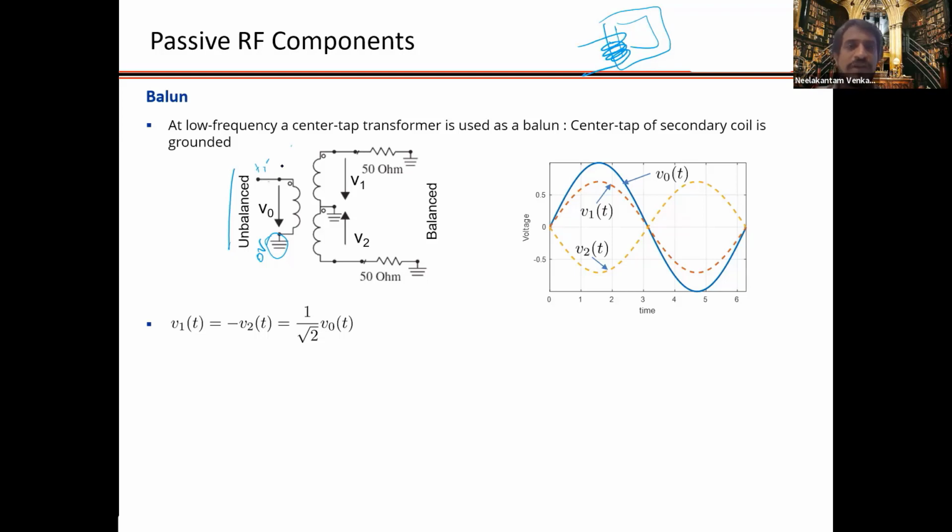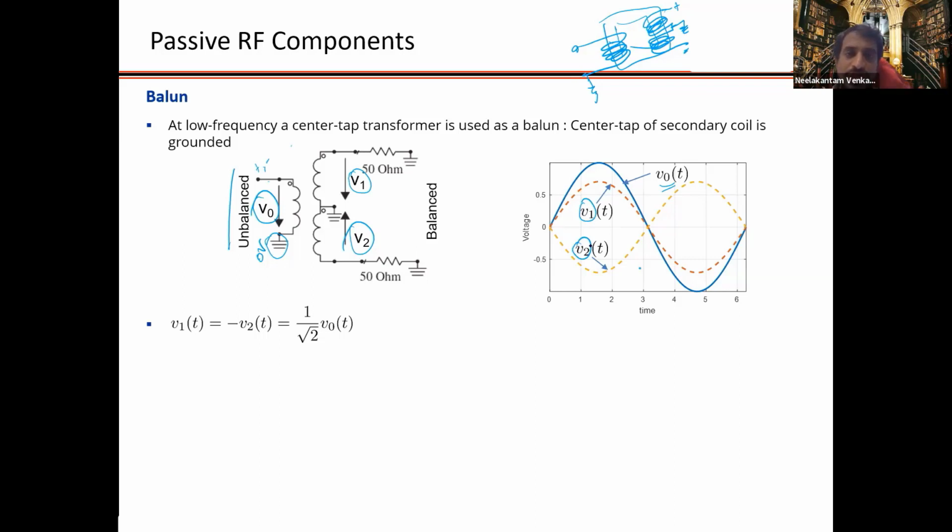So this guy could be the primary winding, which is grounded. This is plus. But on the secondary, you have a center tap where this guy is grounded, and here you have a plus or a minus. So that at any instant when you have a V0 in the primary, in the secondary you get a V1 and a V2, that is the EMF induced. So when you have a V0, your V1 and V2 is what appears in the secondary.